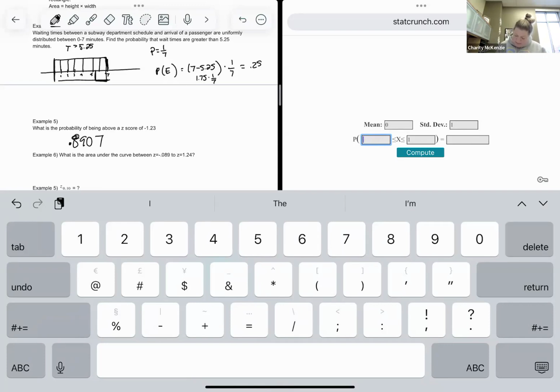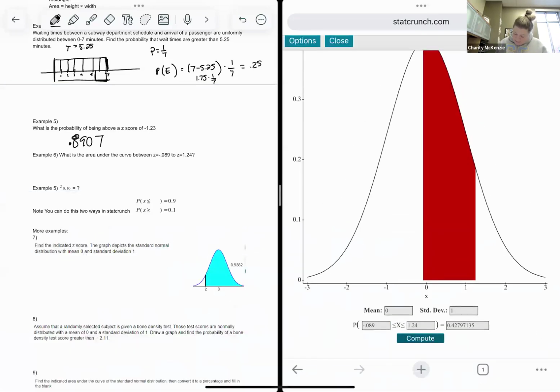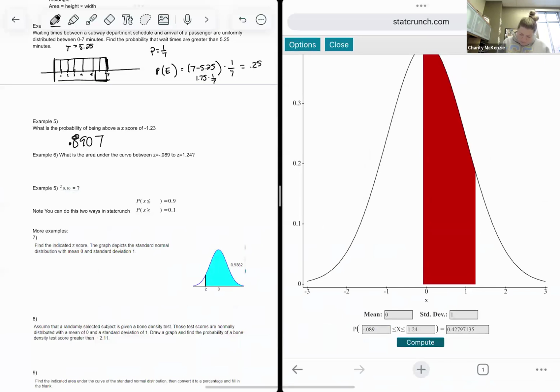Sorry, it's not as easy to use on the iPad as it is on your computer. 0.089 and 1.24. Okay, so then we get 0.427, so this will just become 0.43.